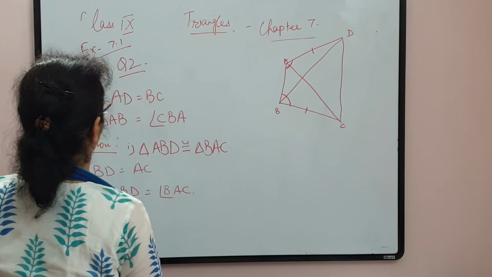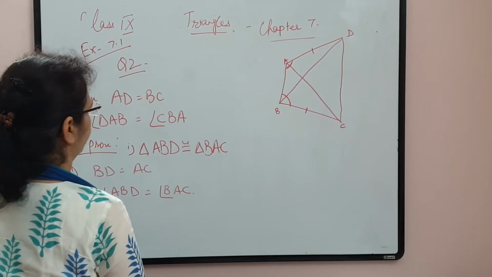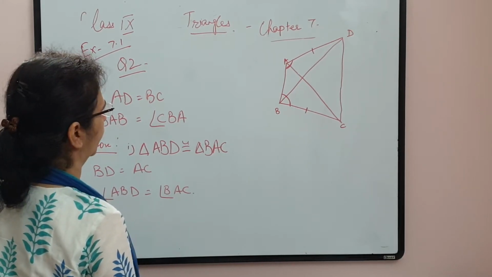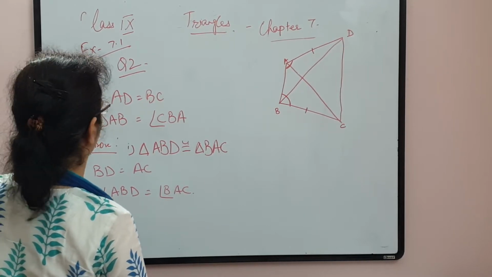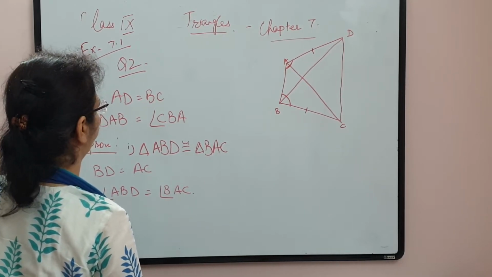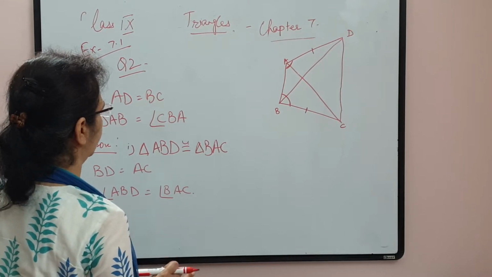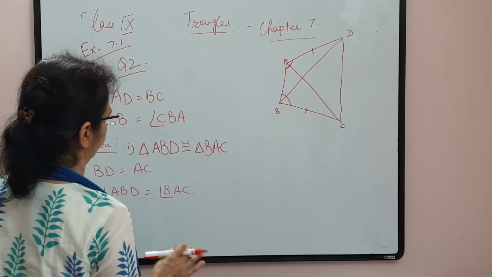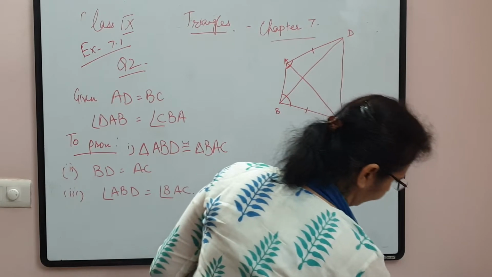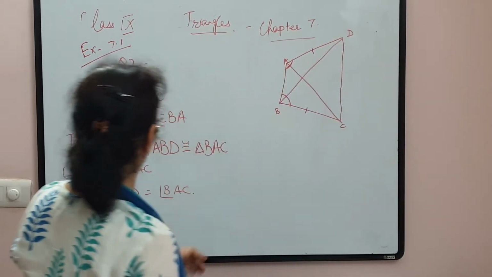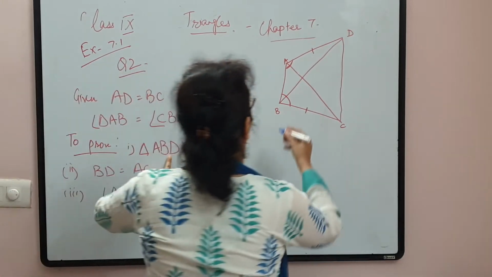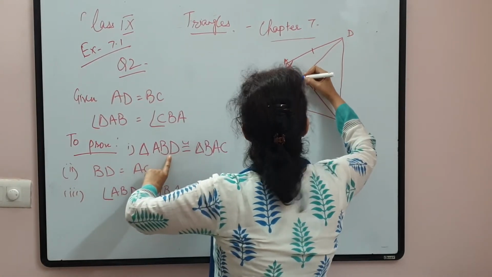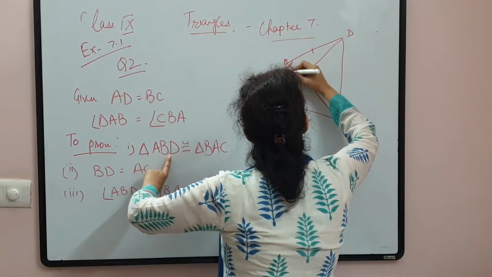Now, first thing first, children. We know what is given. We know that AD is equal to BC, angle DAB is equal to angle CBA. What you have to prove? Number 1 thing, that triangle ABD is congruent to triangle BAC. Let us mark first these two angles on this figure so that we are clear. What is triangle ABD? It is this triangle.